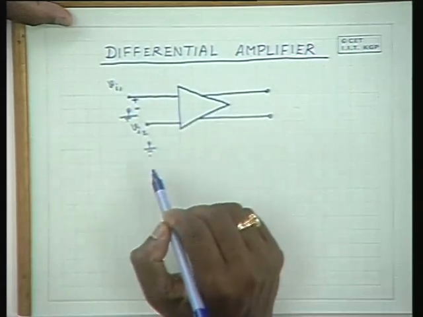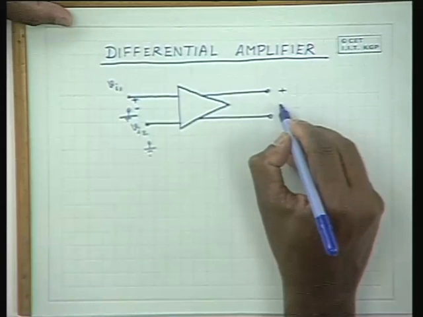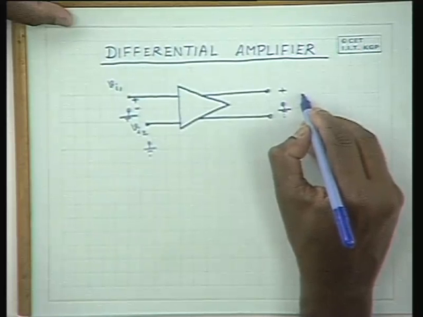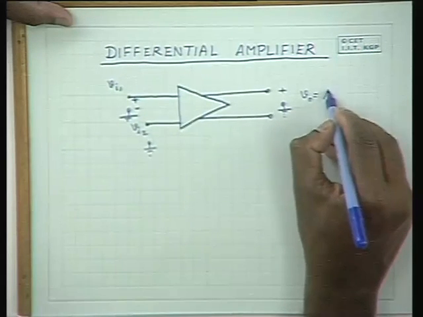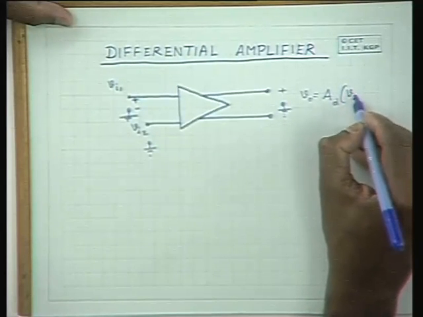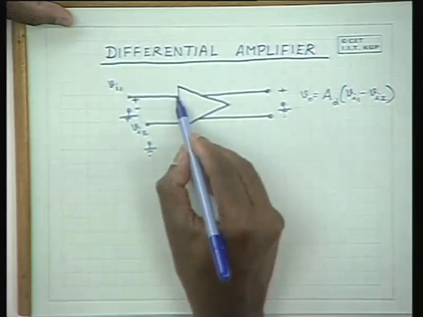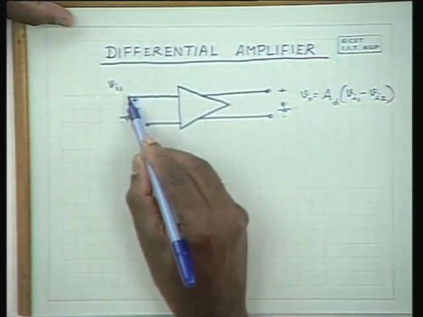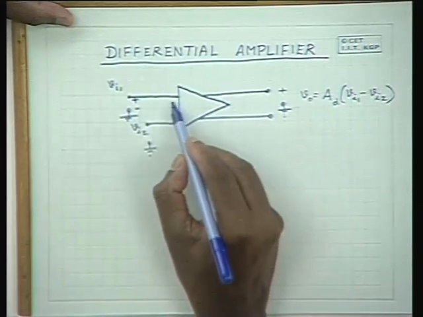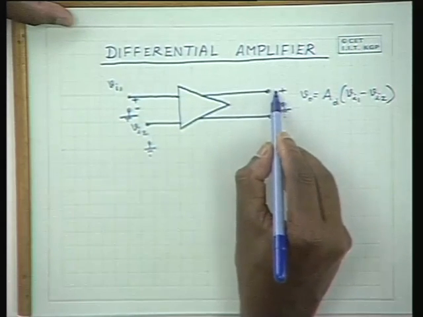And what the differential amplifier does is, in general, it gives an output which is an amplified version of Vi1 minus Vi2. That means this amplifier takes the difference between the signal applied to terminal 1 and the signal applied to terminal 2 and gives you an amplified version of it at the output terminal.